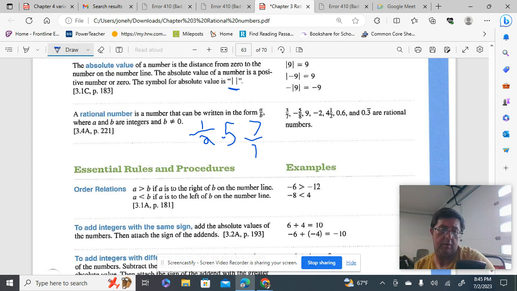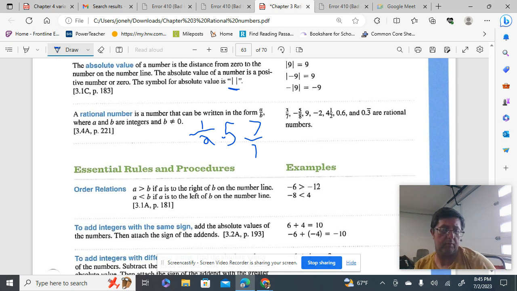Basically it's repeating, so that's not what I'm looking for. 22 divided by 7 would be a rational number. 23 divided by 7 is not a rational number because it goes off forever.